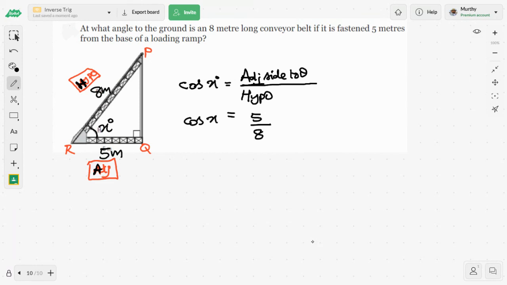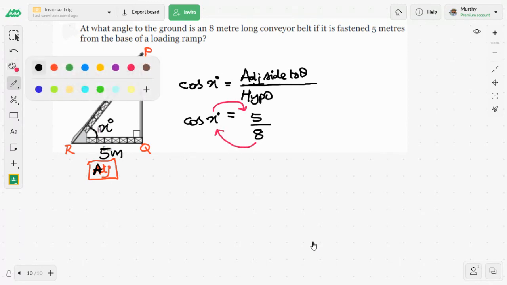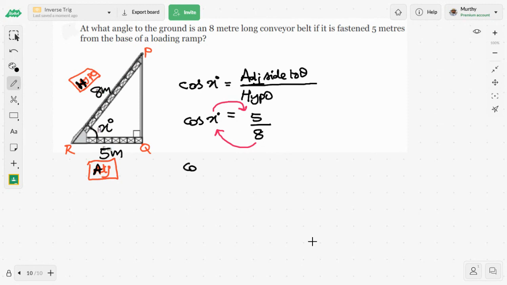Please don't forget, in this kind of question, you have to move x to the other side, and the values given are to be moved here, so you have to swap these values. When you do that, x degrees equals cos of 5 over 8 on the other side. Don't forget to keep the inverse sign on the trig ratio.